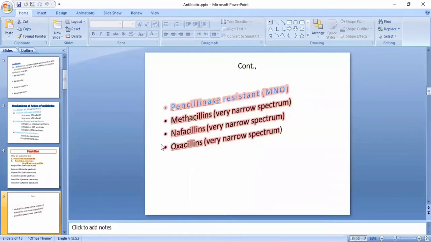So these penicillins are penicillinase resistant. Means they are not degraded by the bacterial enzyme, that is the penicillinase. So these are much more useful than the penicillinase sensitive.